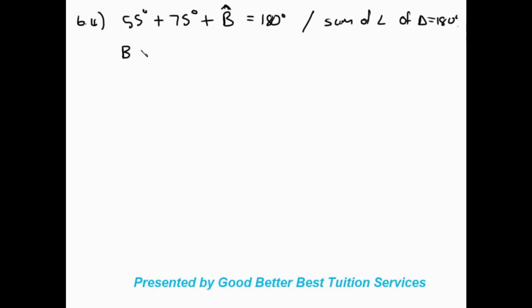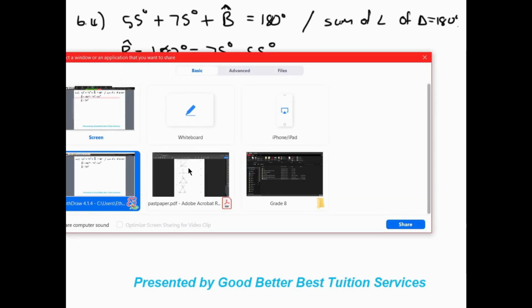So now we work out B. We say 180 degrees minus 75 degrees minus 55 degrees. And that gives us a final answer of 50 degrees. So angle B is equal to 50 degrees. So we've worked out angle B now.